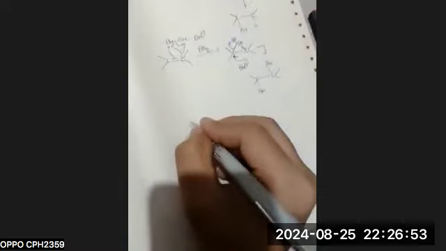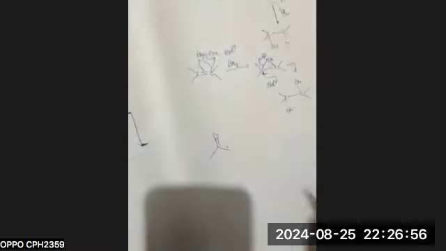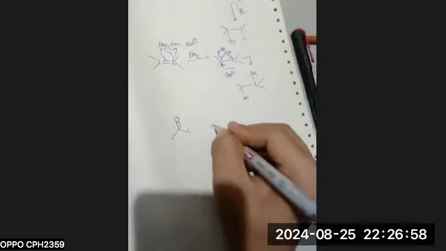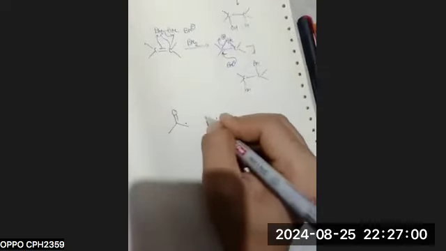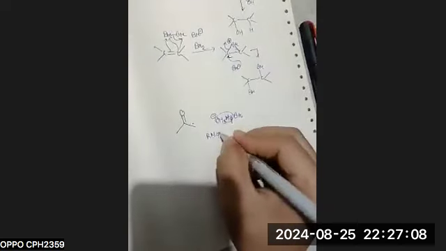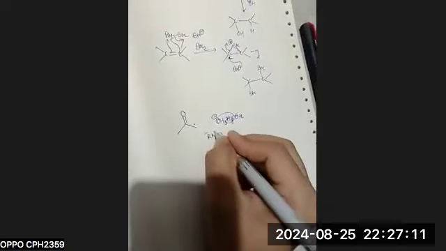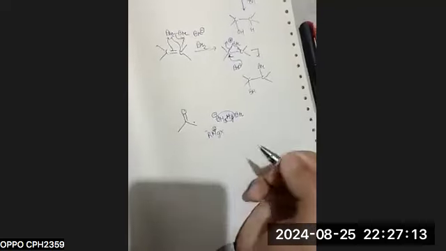Suppose I am taking one carbonyl group, and I am giving Grignard reagent, RMgX. Now, due to polarity, magnesium is positive charge and the alkyl group is negative charge.